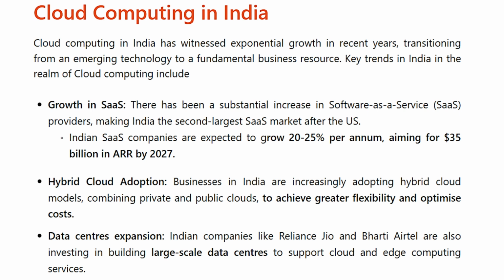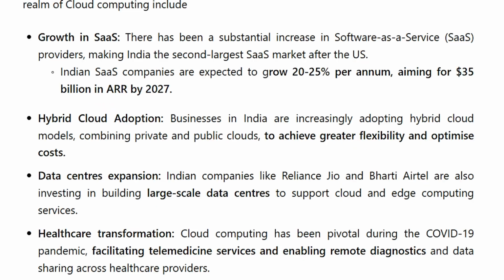Hybrid cloud adoption. Businesses in India are increasingly adopting hybrid cloud models, combining private and public clouds, to achieve greater flexibility and optimize costs. Data centers expansion. Indian companies like Reliance Jio and Bharti Airtel are also investing in building large-scale data centers to support cloud and edge computing services. Healthcare transformation.